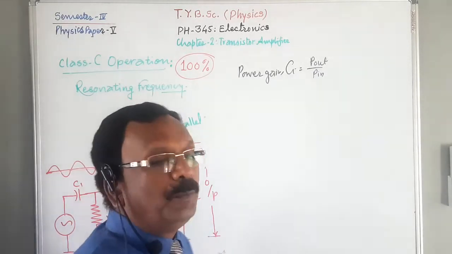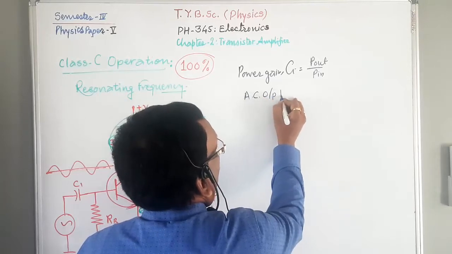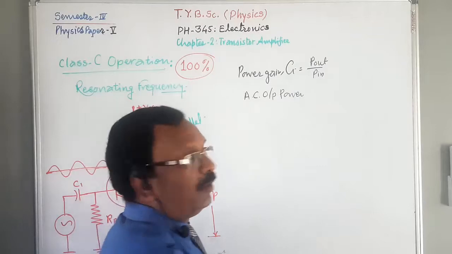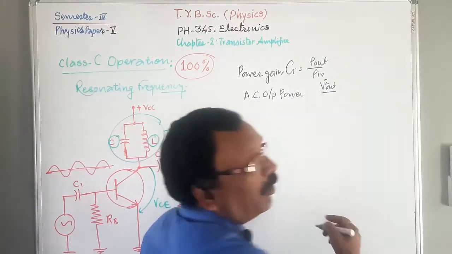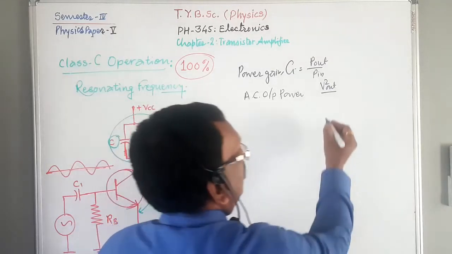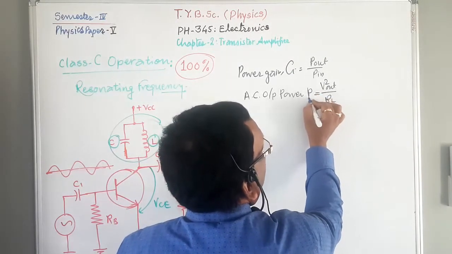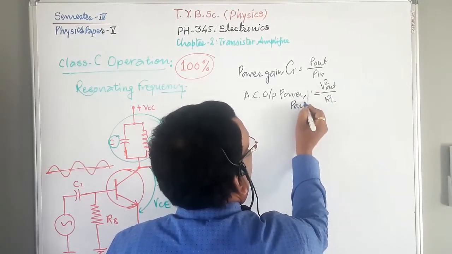Now AC output power. What is the formula for AC output power? It is V square out upon RL, and the symbol is P out.